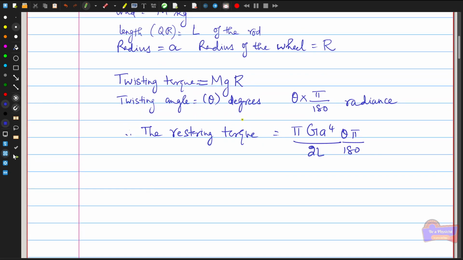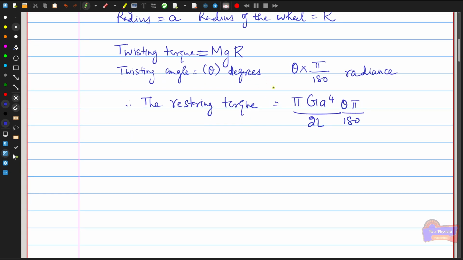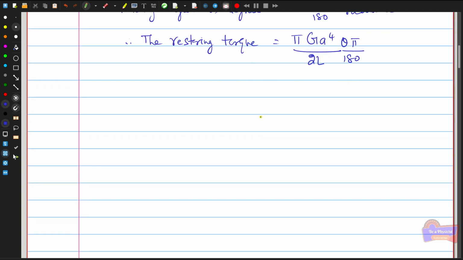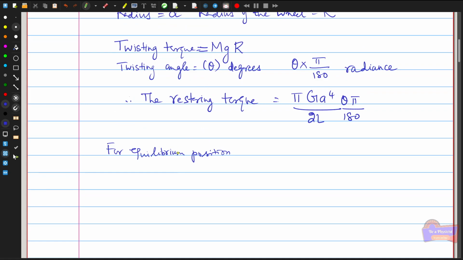Suppose the twisting torque and the restoring torque are equal, then we can equate these two equations. For equilibrium, at the equilibrium position, I can equate mgR to this torque: pi G a power 4 theta, with pi divided by 2L into 180.